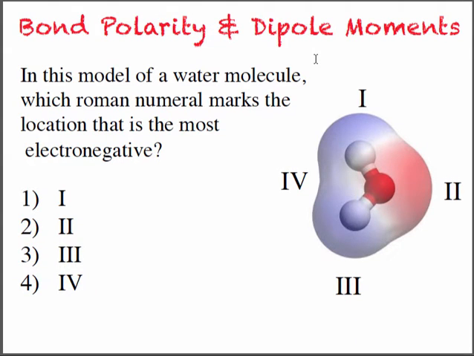So here's water. Is water lopsided? I would hope you agree that it is. Which Roman numeral marks the location of the most electronegative? Well, let's see. In these electrostatic diagrams, red is electronegative and blue is not electronegative, or we could say electropositive. So I'm predicting this to be the oxygen of water and these to be the hydrogens of water.